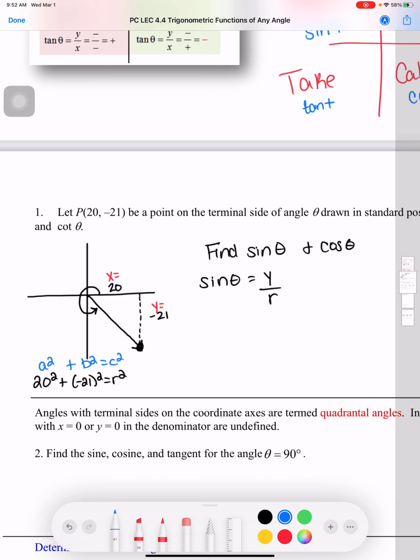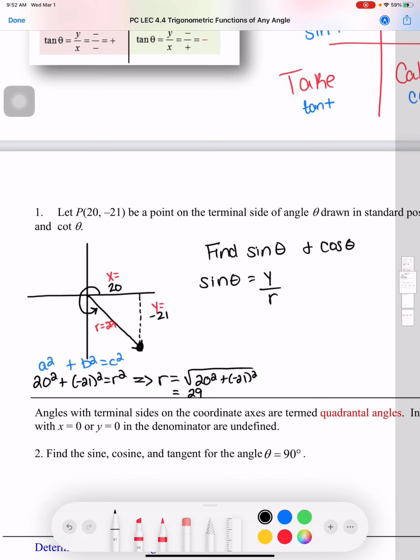If we simplify that, I know that r is going to be equal to the square root of 20 squared plus negative 21 squared. If you stick that in your calculator, we should get exactly 29. So r is equal to 29.